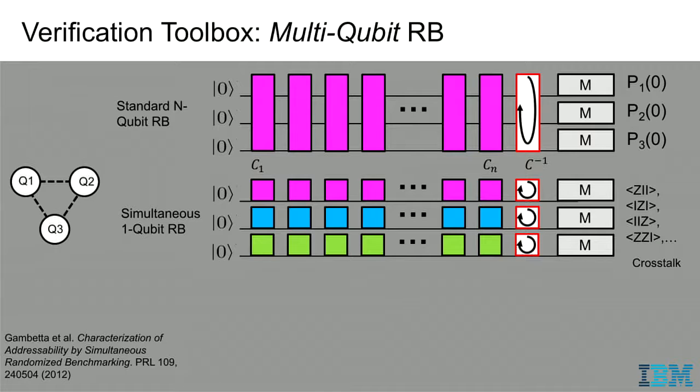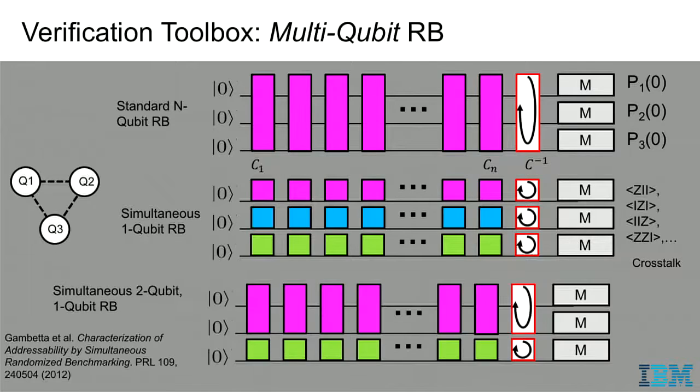And the simultaneous 1-qubit RB was done on this device where we saw some ZZ errors. But also, instead of just running this 2-qubit RB and a single-qubit RB, you could run them simultaneously to see whether there are other errors.